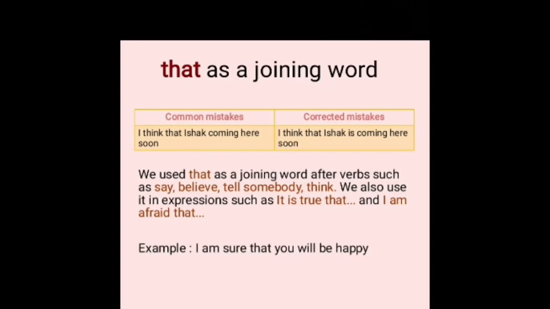If we look at both examples, in the informal example, Gopal told me there was no problem, we leave out the word that. The next point, we can also use that instead of who and which. This is the house that my father built.